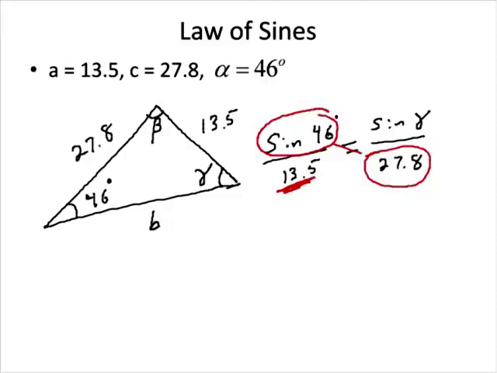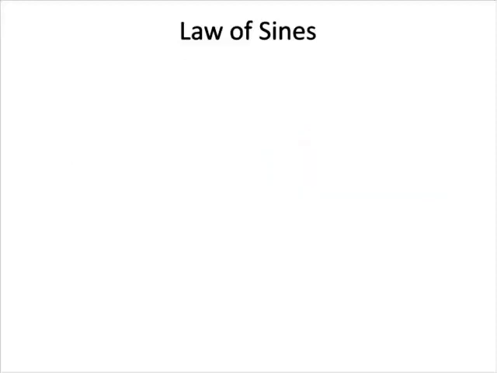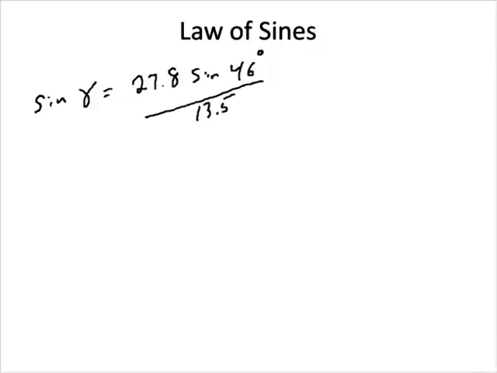Now let me head over to another slide to give myself enough room. So I said sine of gamma is equal to 27.8 times the sine of 46 degrees divided by 13.5.